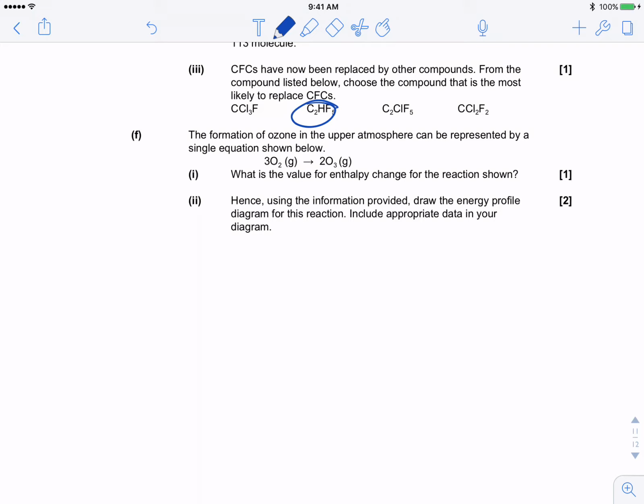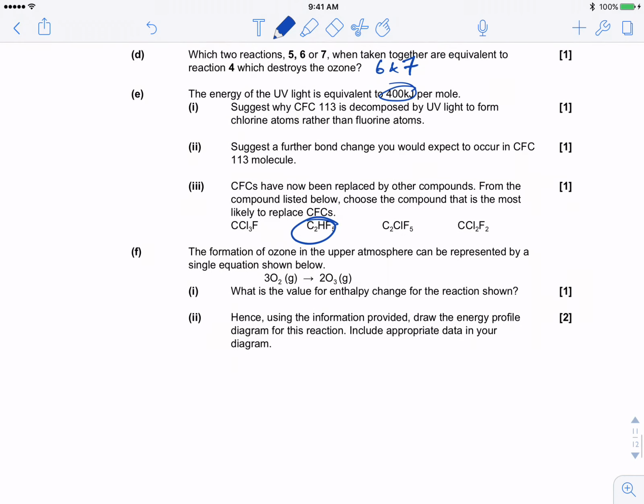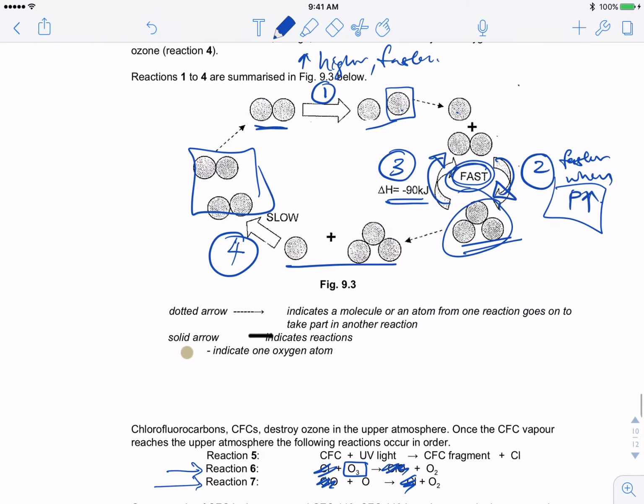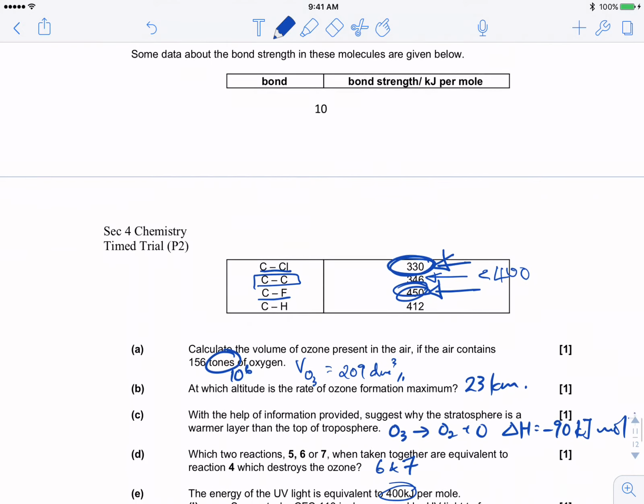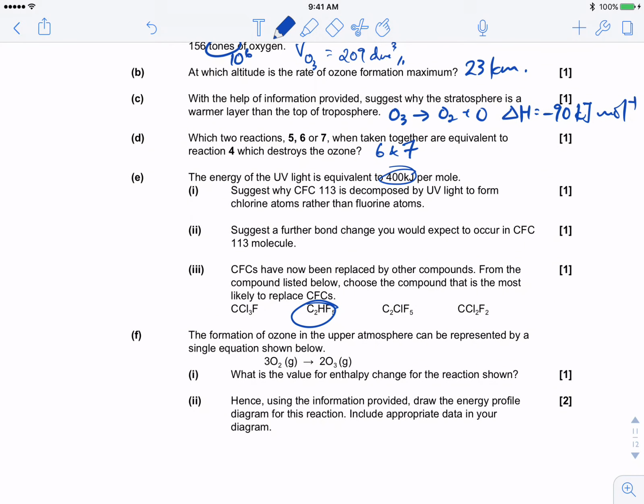Okay, F part 1. What's the value of the enthalpy change of the reaction here? Okay, now how can you do this question? Every time ozone splits, it gives out 90 kilojoules of energy. So let me just write down ozone splitting into O plus O2, this delta H equals negative 90.